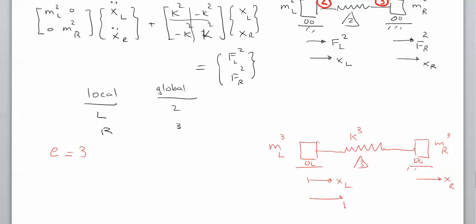The forces F left, but from element number 3, and F right from element number 3. And keep in mind that these correspond globally to node number 3 and node number 4, and this will tell us where in the global equation these are going to go.